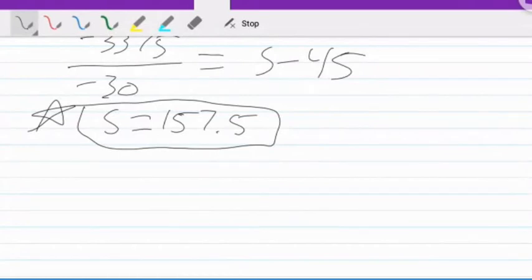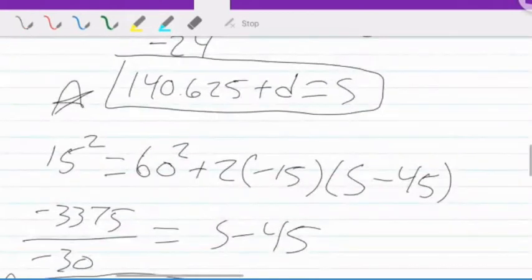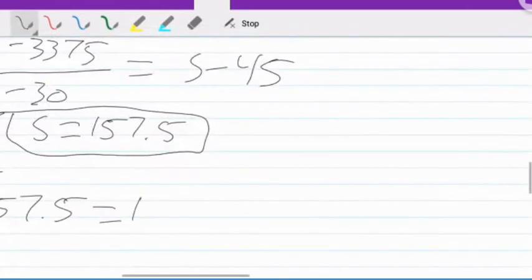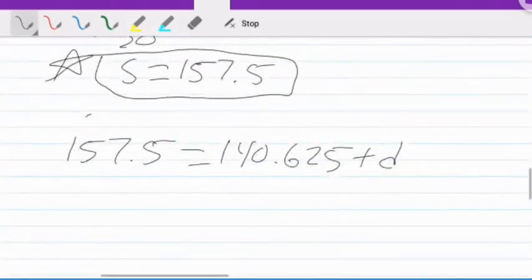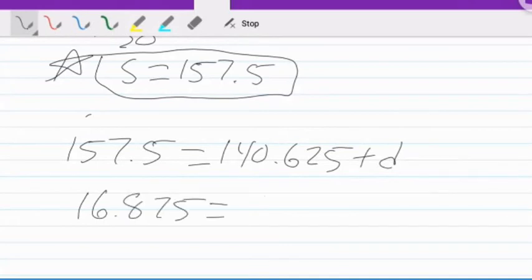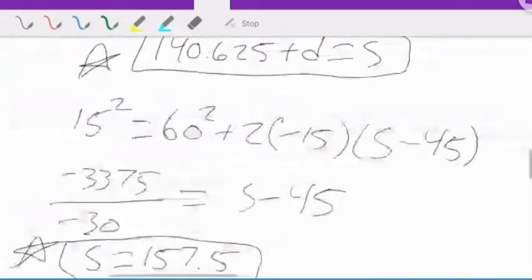So we have 157.5 is equal to 140.625 plus d, and 16.875 is equal to d. So we get the same answer using two different formulas.